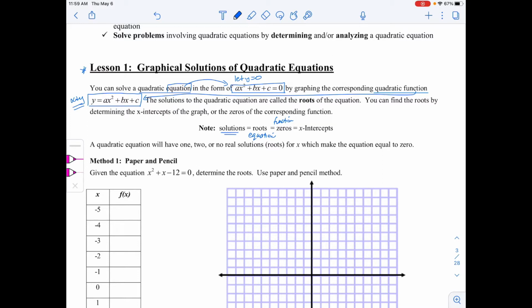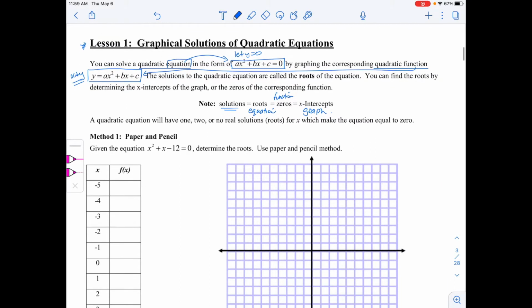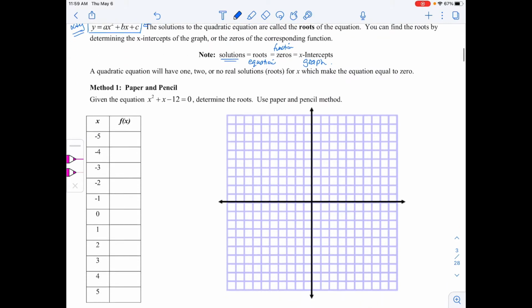That meant what was the value of x when y is equal to 0, okay? The zeros of the function, the roots of the equation, and those correspond to the x-intercepts of the graph. So those are all the same answer, if you want to call it, okay? But we call them different things depending on what we're talking about. But they're essentially the same.